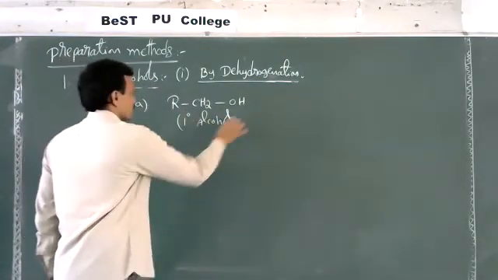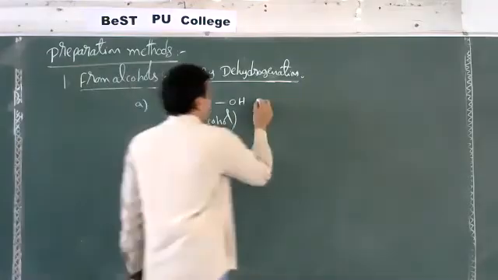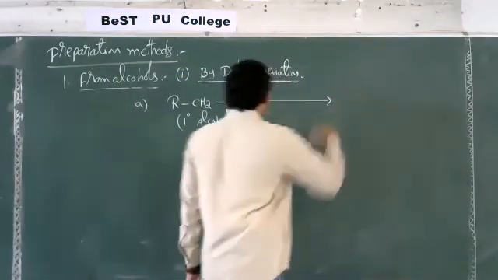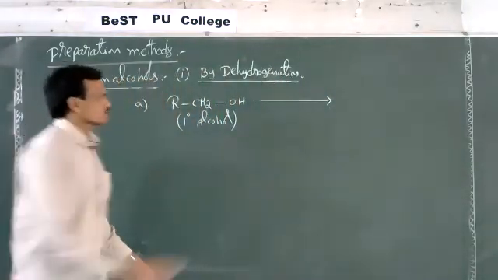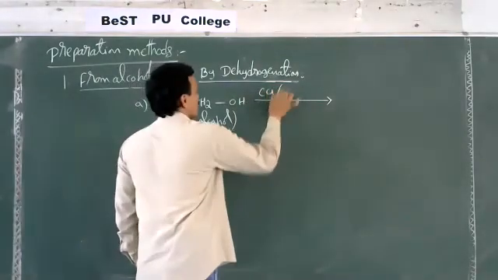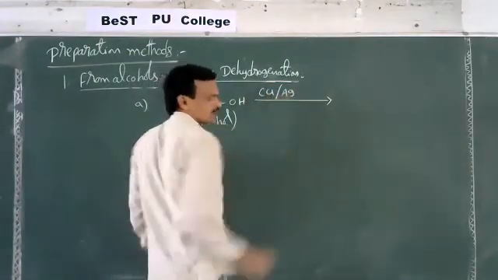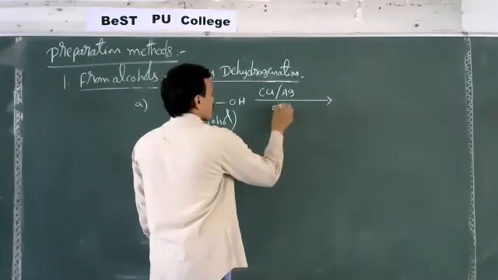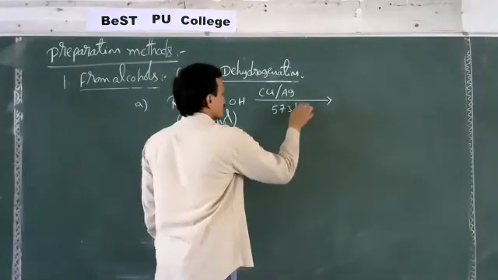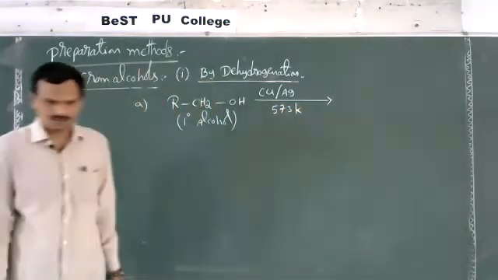So this is a primary alcohol. And what is the reagent used for dehydrogenation? See, either copper or silver at a temperature of 573 Kelvin, that is 300 degrees Celsius.